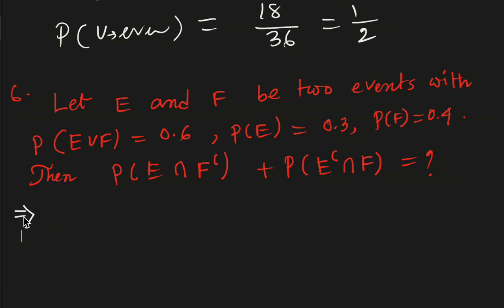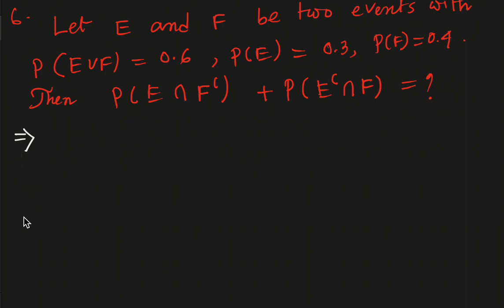Okay, let's do it. I will show you how to calculate these things using a Venn diagram. There is an event E and a set of event F. This is E, this is F, and there is an intersection.